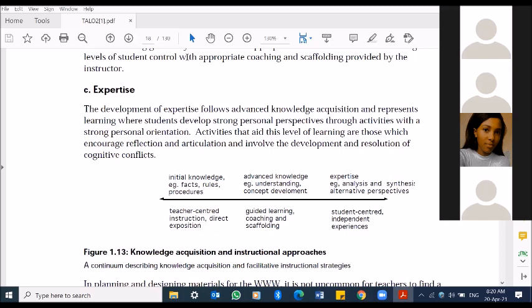Now let me ask you further. How are you going to teach the learner who has initial knowledge and the learner who has expertise knowledge? Just give me an idea. How are you going to treat them when you're teaching them? Lungile, are you going to teach them the same way? Initial knowledge learner and another learner in the same classroom who has expertise knowledge of the subject?